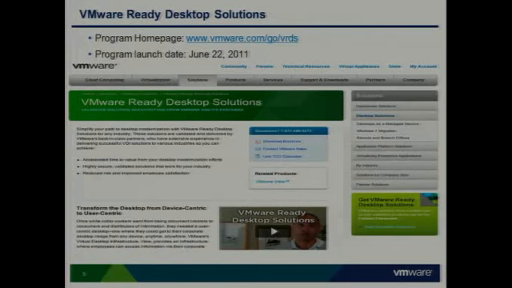Before I get into the presentation, our division announced a solution program called VRDS. This is Virtualization Ready Desktop Solutions, which, this is the website, and there's a lot of content there. It provides an architecture, if you will, to certify various solutions proposed by our partners that would have the entire stack built into it and ready to go and validated.